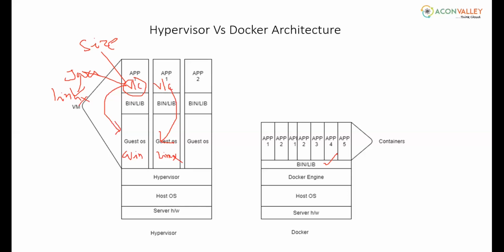So for every application, you need some binary and library files. VLC also requires binary and library files to run on an OS, and the OS also needs binary and library files to run an application. These are correlated. Now, when you run the same VLC media player on a Windows machine, you require more binary and library files, and it creates a folder there. You observe that when you install any software, it creates a folder in Windows.